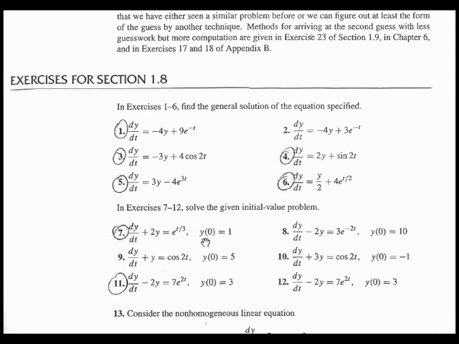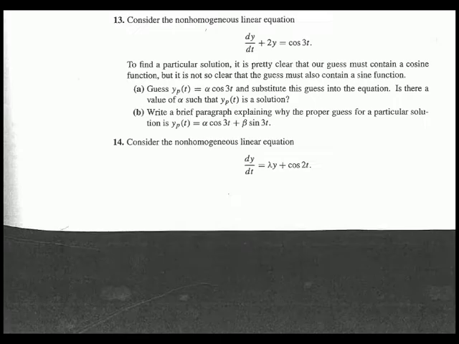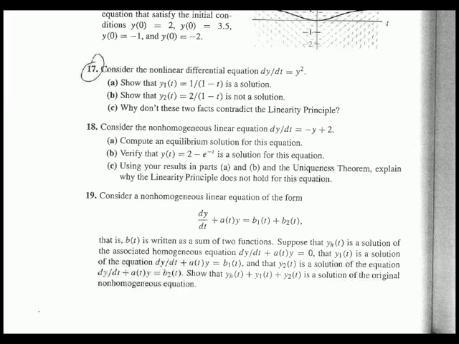In these, they give you initial conditions, so once you find the general solution, you have to plug in t equals 0, y equals 1, and see what the arbitrary constant has to be to make that work. And then I gave you a couple of problems where there is a polynomial on the right-hand side.